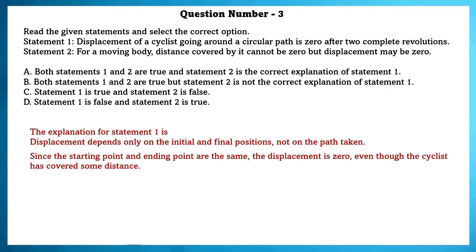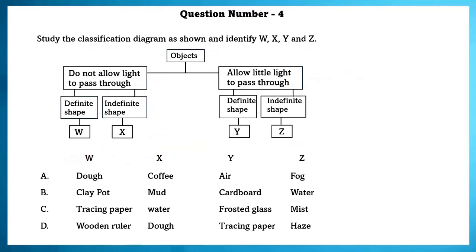Since the starting point and ending point are the same, the displacement is 0, even though the cyclist has covered some distance. Therefore, both statements 1 and 2 are true, but statement 2 is not the correct explanation of statement 1.